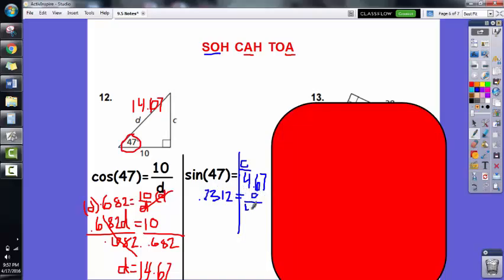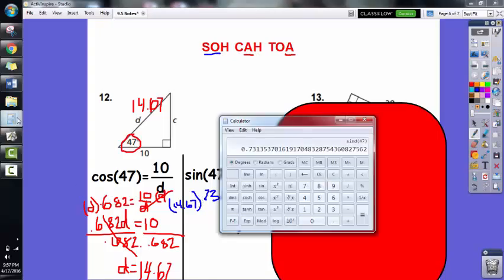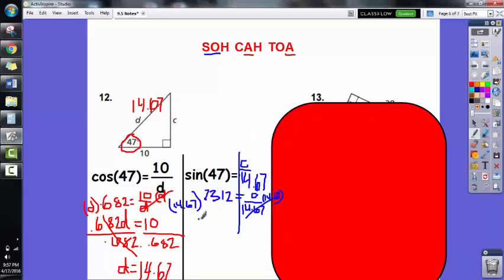Equals C divided by 14.67. If I multiply by 14.67, you get about 10.73 for side C. That is right here, 10.73. And you might as well go ahead and check the two legs are still smaller than the hypotenuse.